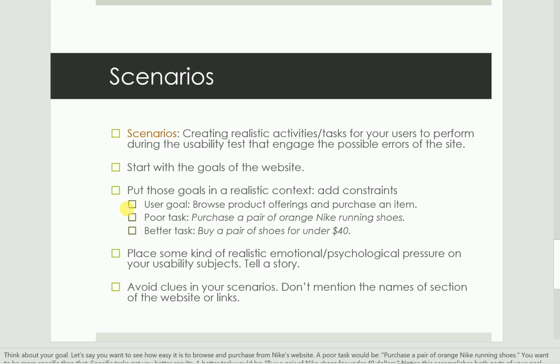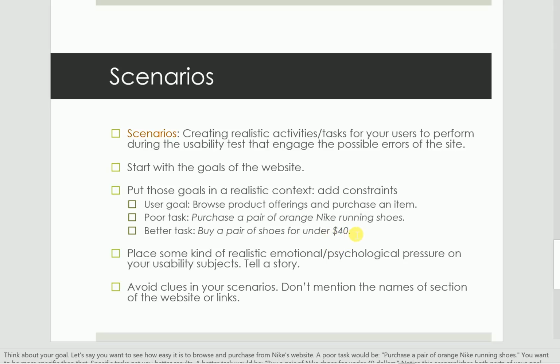So the poor task is not asking them to really browse through products because of the specificity of this task. It's asking them to locate a very particular type of shoe. The way that this task is framed is more broad, so it's actually asking the user to browse through different pairs of shoes that are priced under this amount.